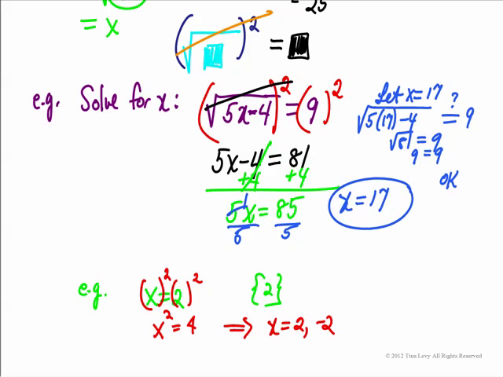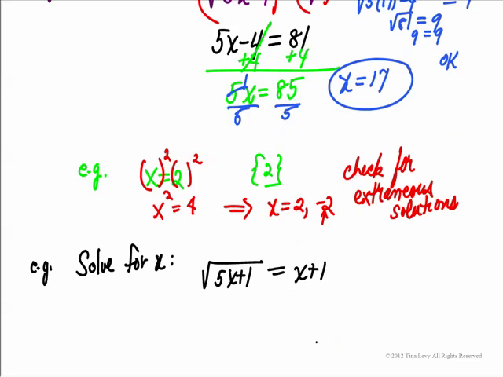So squaring both sides of an equation sometimes gives an extra solution than what you started with. So we have to be careful. We have to check for what I call extraneous solutions. As we can see in this particular example, I started with an equation where 2 was the answer, but when I squared it, I got a new equation that had an extra answer of negative 2. So that's something we're going to have to be aware of when we do these square root equations.